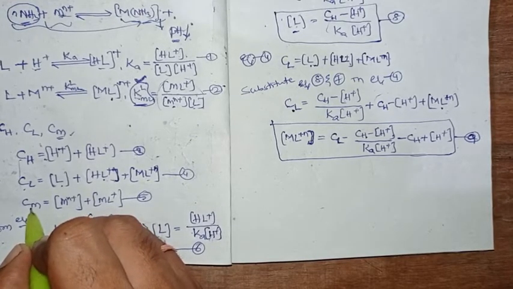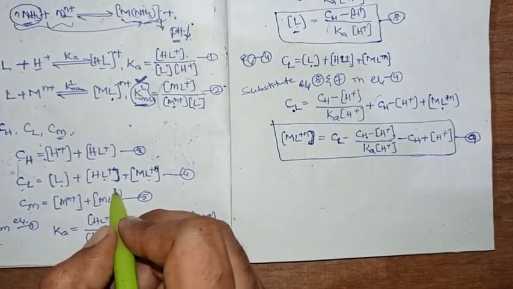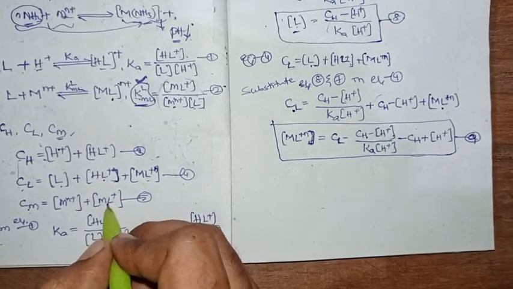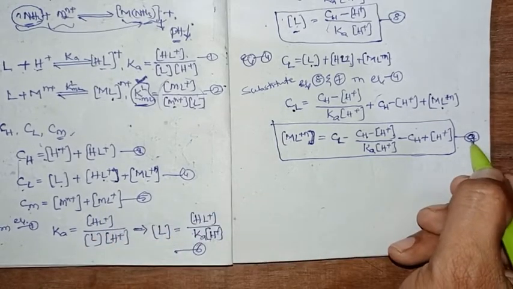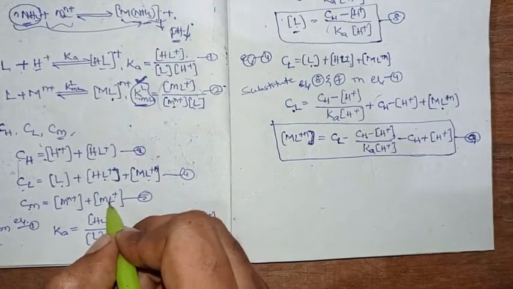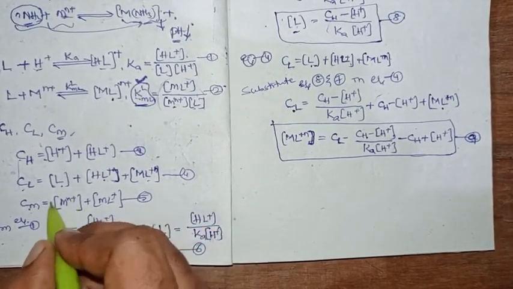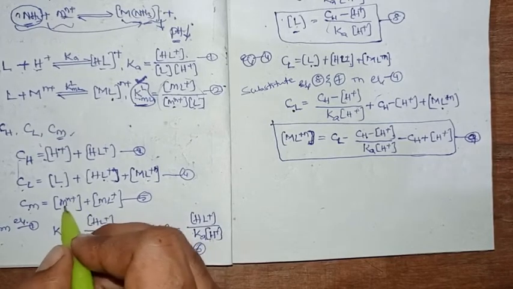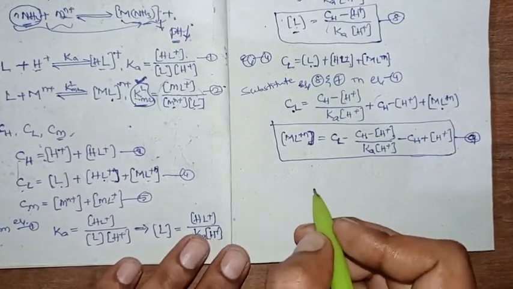The total, initial concentration of metal is known, and the metal complex concentration in known terms we are getting from equation number 9. When we substitute this here, these two become known, and the remaining metal concentration can be written in known terms, right?